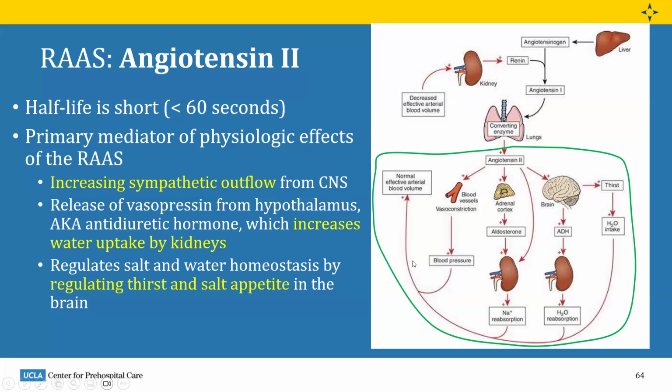And angiotensin 2 also influences our thirst and salt appetite in the brain. It also increases our sympathetic outflow, which is going to stimulate more renin production. It's also going to cause our central nervous system to release vasopressin, which is from our hypothalamus.